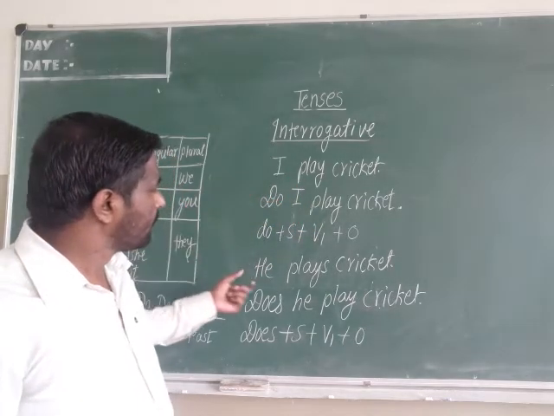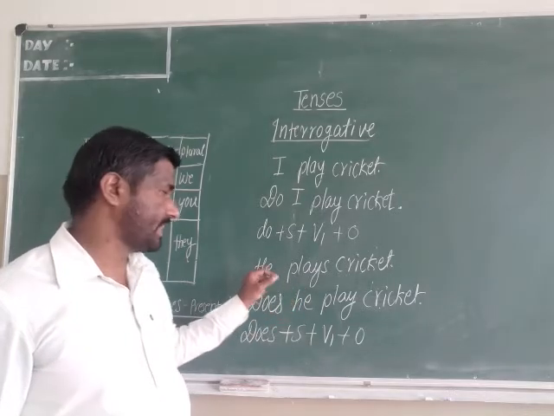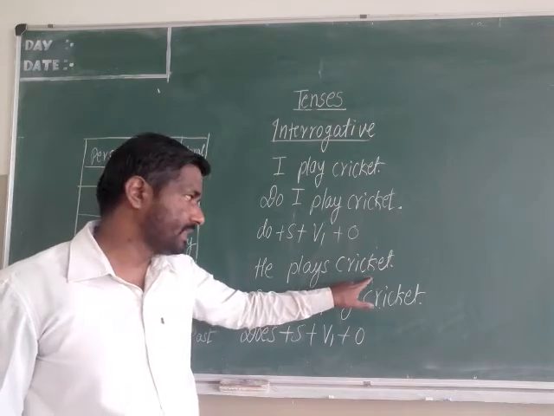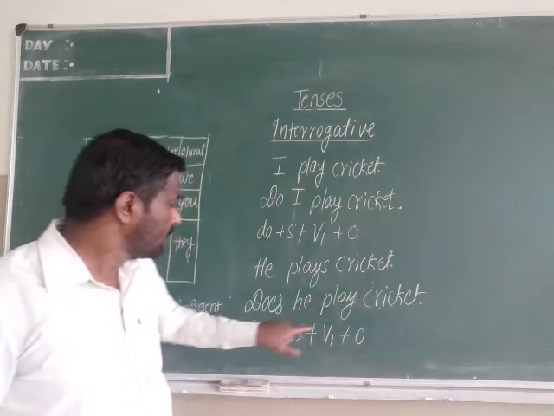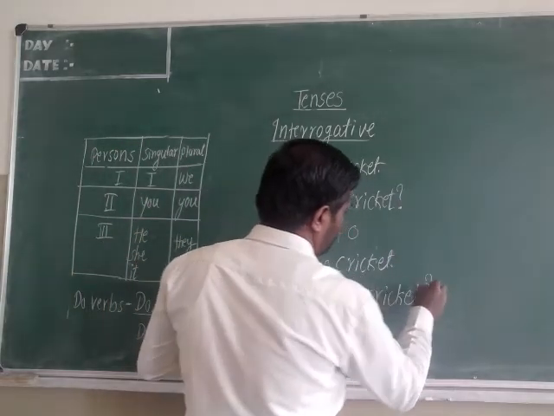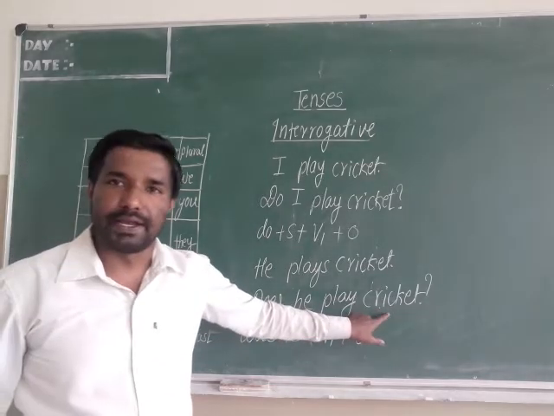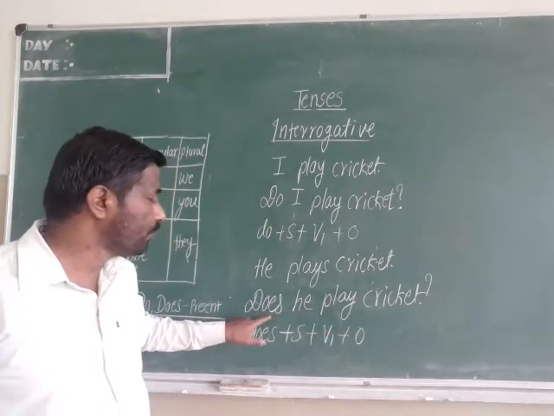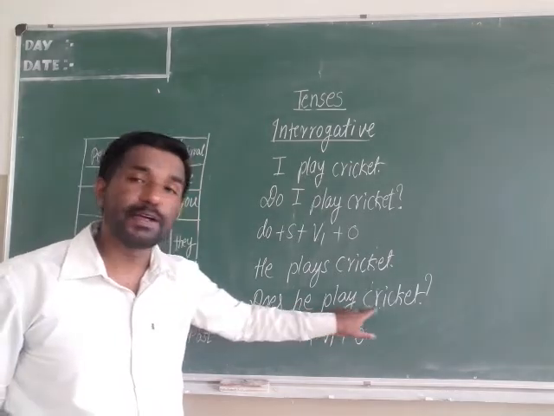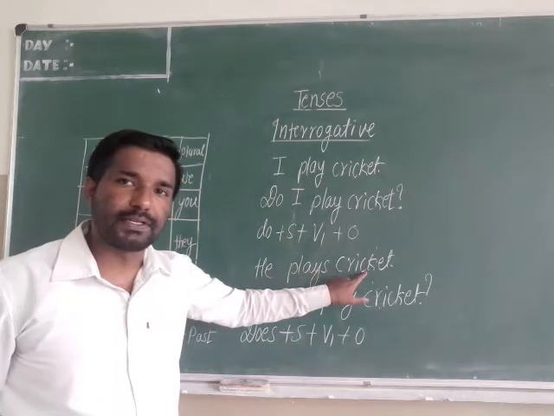Okay. Next one, when he, she comes, there is a little change. Here, he plays cricket. Affirmative sentence. When you make a question, does he play cricket? You should not use do here. You have to use does. Does he play cricket? She plays cricket.